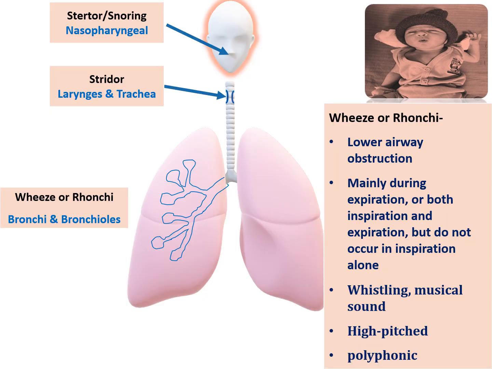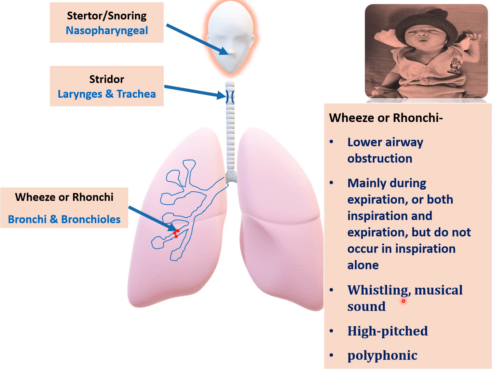Now wheeze and rhonchi. These sounds are produced because of obstruction at the level of bronchi and bronchioles. So whenever a patient is having narrowing of this lower airway, this sound can be produced. It is mainly during expiration but can occur in inspiration and expiration both, but does not occur in inspiration alone.